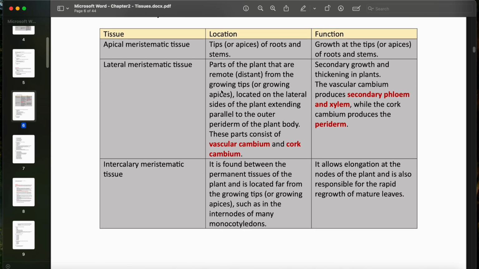And when I talk about the location of the lateral meristematic tissue, they're going to say they're found remote or distant from the growing tips, located on the lateral sides, meaning the sides of the plant, extending parallel to the outer periderm of the plant body. Now, these parts consist of the vascular cambium and the cork cambium. So the vascular cambium and the cork cambium are actually parts of the lateral meristematic tissue.